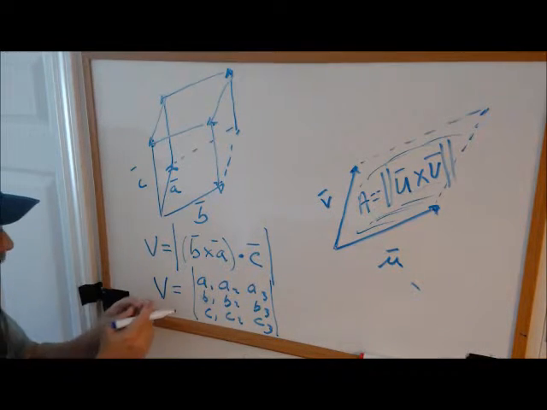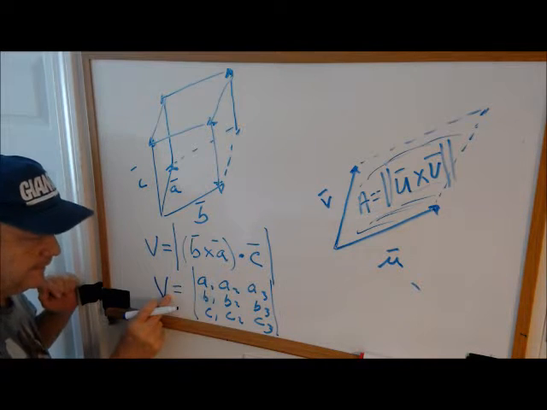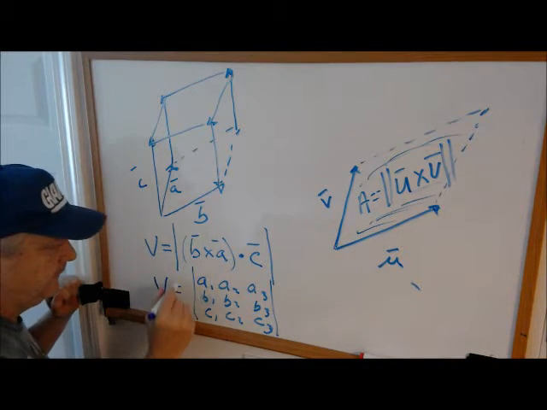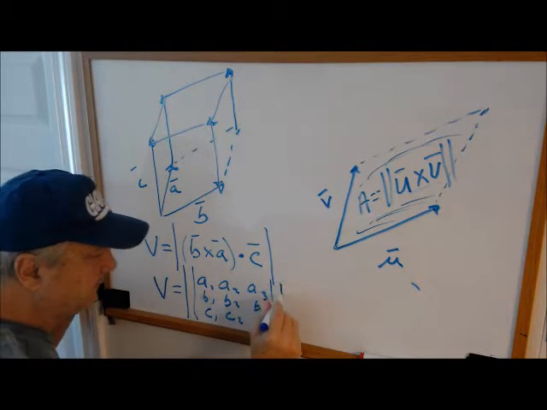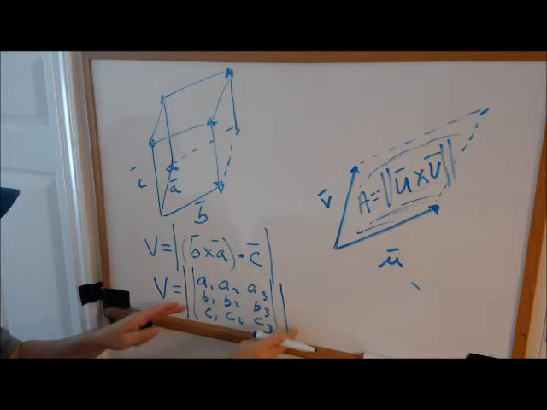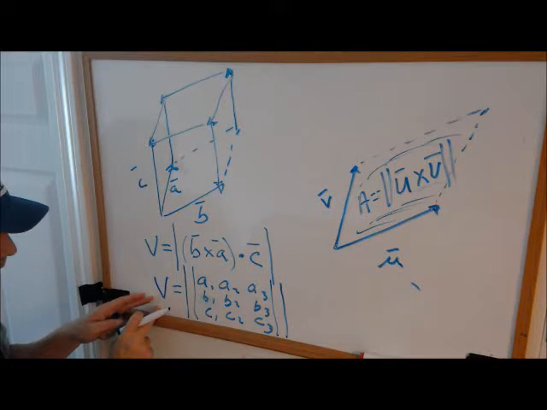Okay. That'll also give you the volume up to the sign. So all we have to do is take the absolute value of this number, and we have equality. So these are just two formulas for volume.